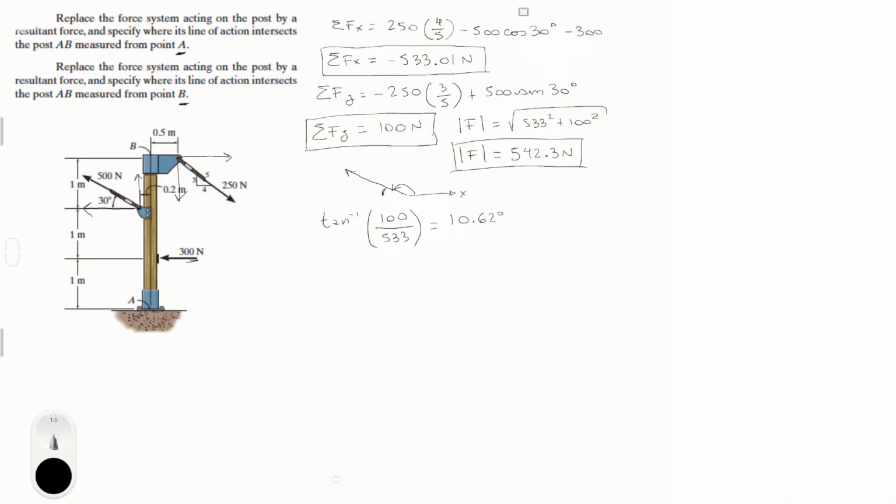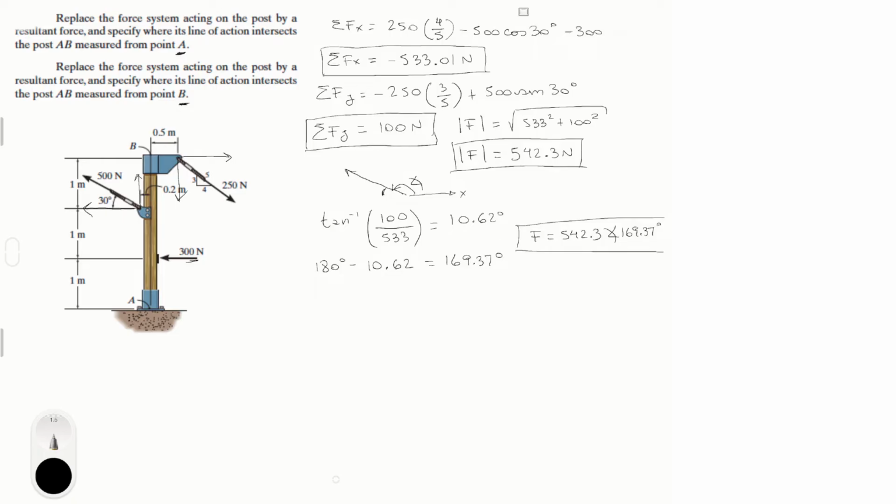So if you do 180 degrees minus 10.62, you get this angle right here, which is equal to 169.37 degrees. So the force has a magnitude of 542.3 and an angle of 169.37 with respect to the positive x-axis. And that's the answer for the resultant force.